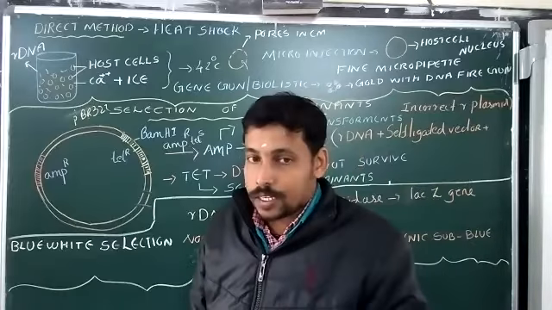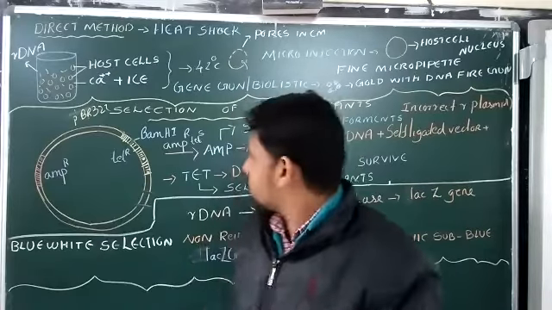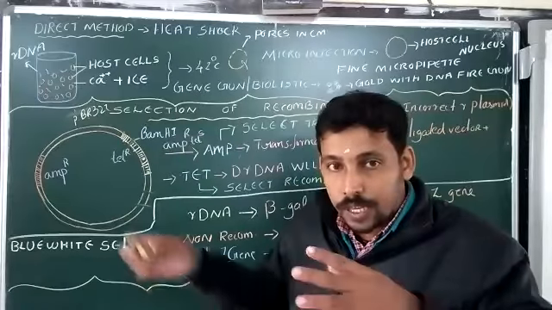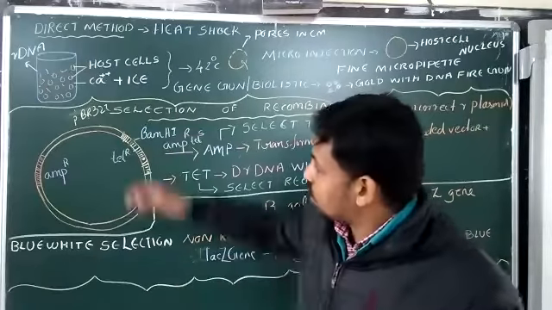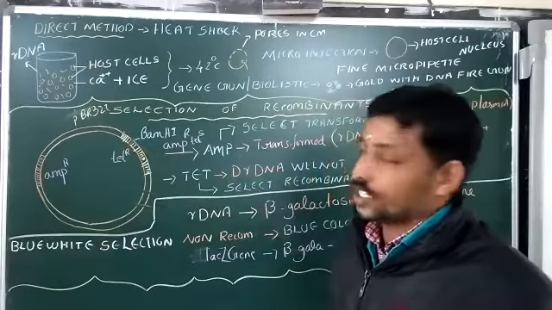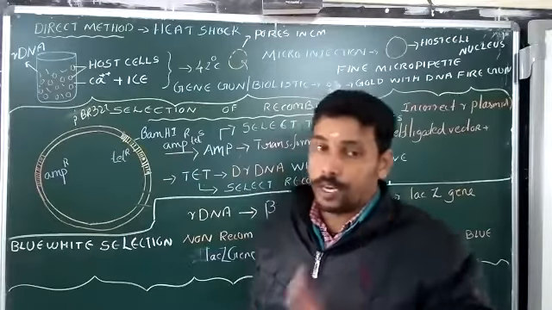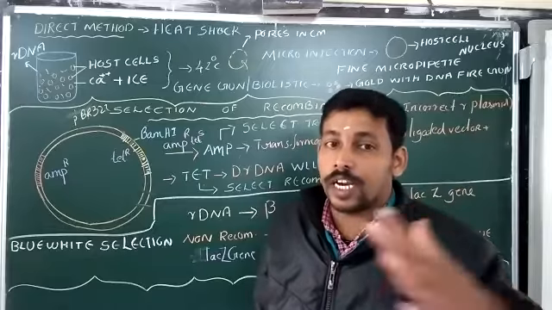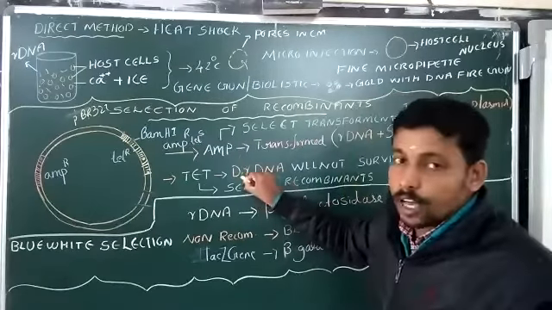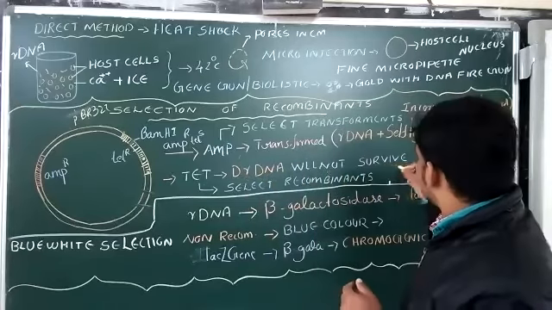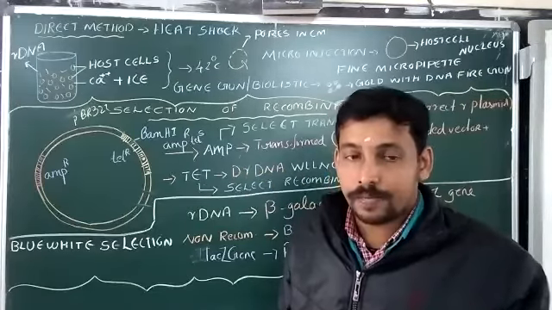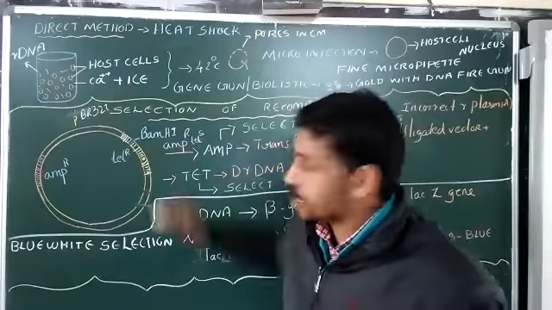Okay, understand? Now, in the second step, we are transferring these bacterial cells with these vectors into what? The tetracycline medium. Then what will happen? Only the desired recombinant DNA will not survive in the tetracycline medium.